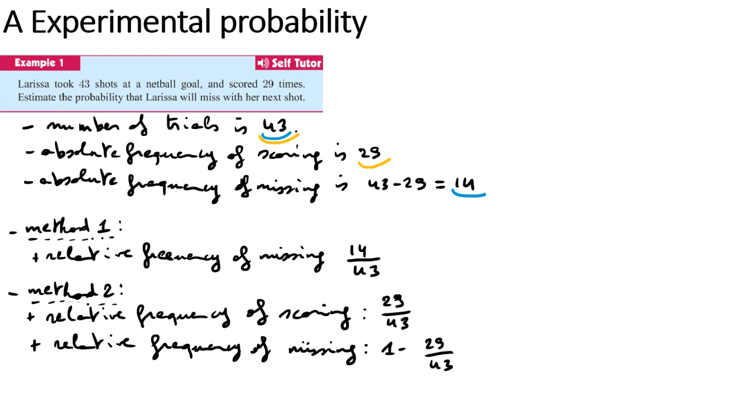So the relative frequency of scoring plus the relative frequency of missing is equal to 1. So the relative frequency of missing is equal to 1 minus the relative frequency of scoring, which is 43 minus 29 over 43. And 43 minus 29 is 14, so it's 14 over 43. It's the same answer as before.